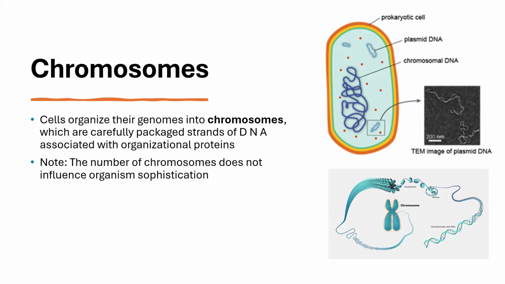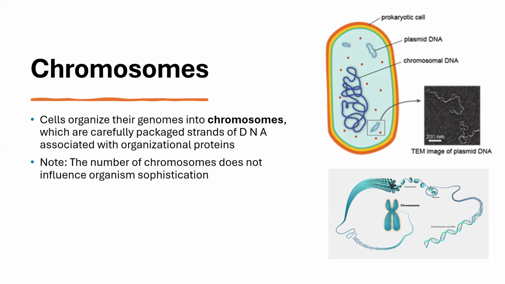The chromosome is what your genome is organized into. Chromosomes are DNA packaged tightly, usually associated with some sort of protein like a histone or histone-like proteins that allow them to be condensed really tightly.